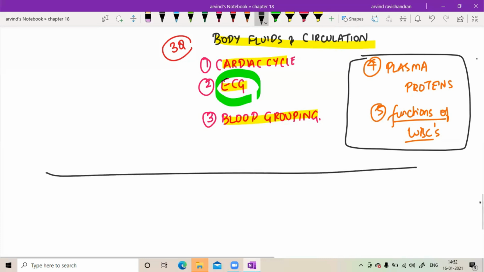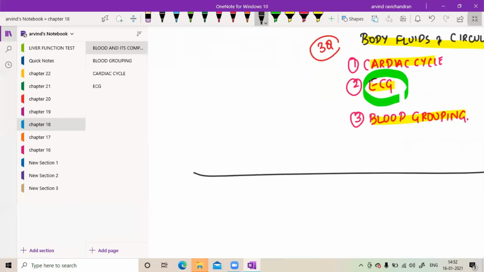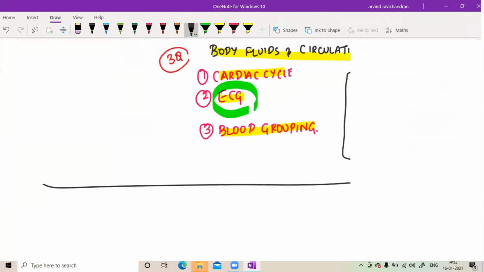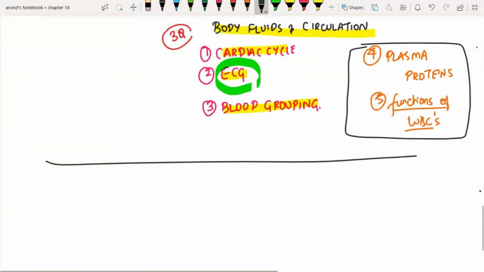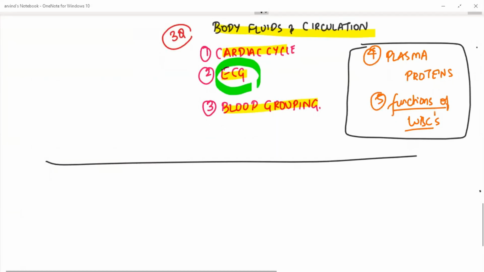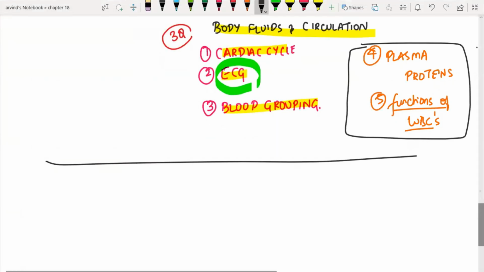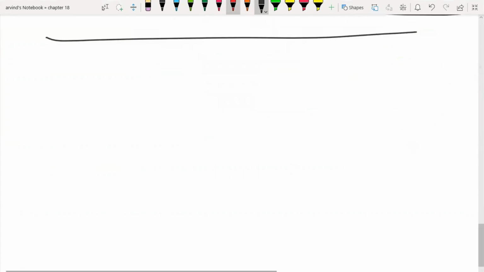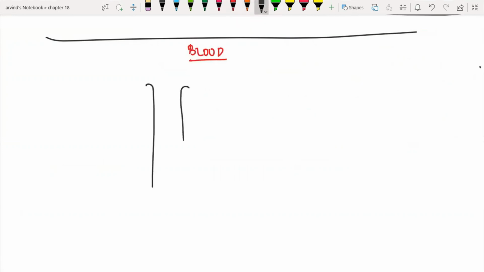So let's get started. The introduction, that is on blood and its components. You all know blood is a connective tissue, right? If I take 100 ml of blood in a tube and I try to centrifuge it, I will be getting two main components.